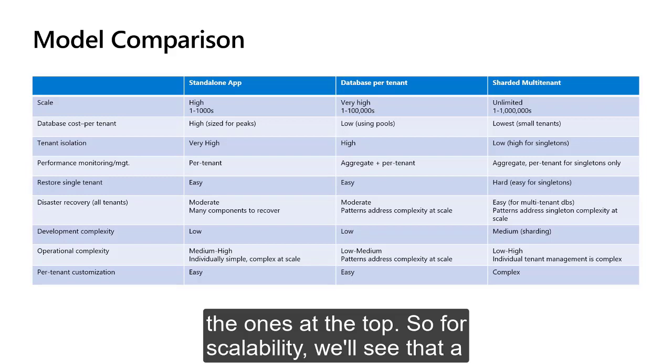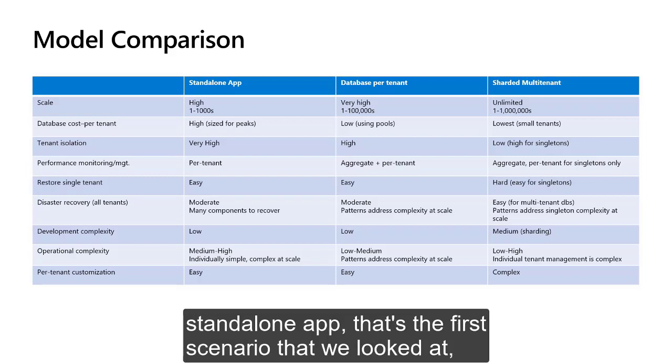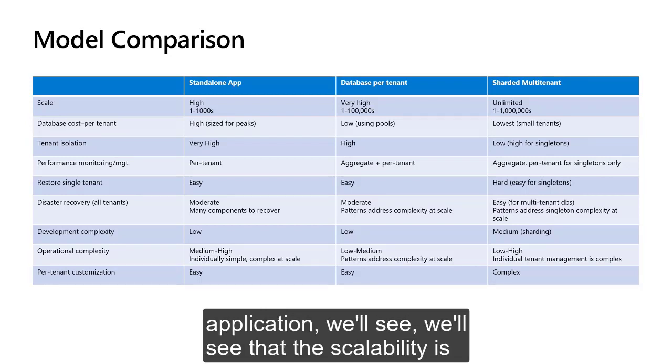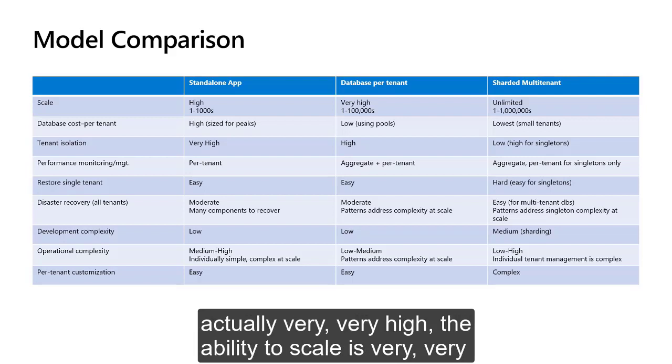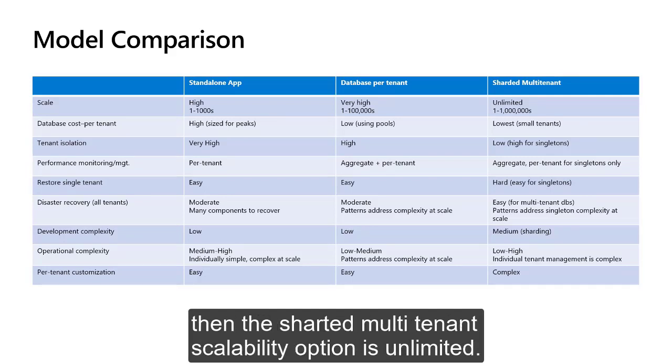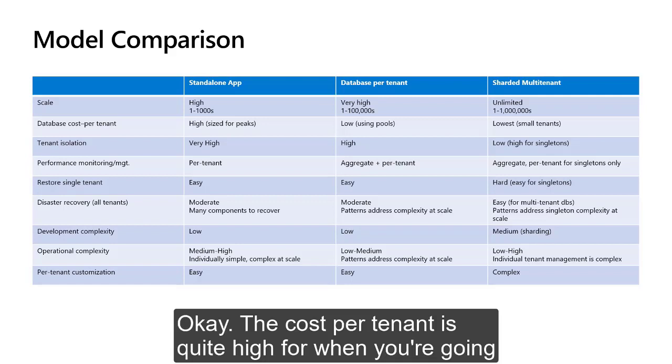So for scalability, we'll see that a standalone app, that's the first scenario that we looked at, where you have a single tenant database and a single application, the ability to scale is very, very high. Now, a database per tenant is even higher, and then the sharded multi-tenant scalability option is unlimited.